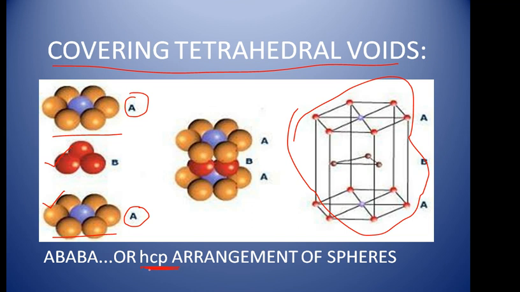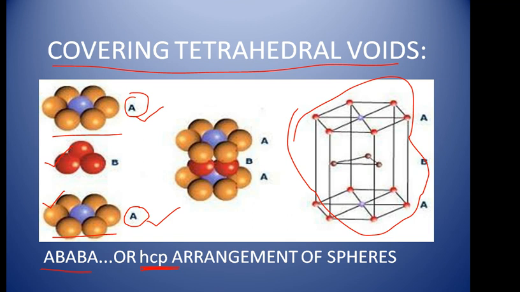In the next slide you will get the full name written. Here I have written the shorter name HCP, and in short it is always written in capital letters HCP, that is hexagonal closed packed arrangement of spheres. That means here the first layer and the third layer will be the same. That is why you can write this as ABA type of arrangement or hexagonal closed packed arrangement, where we cover the tetrahedral void.